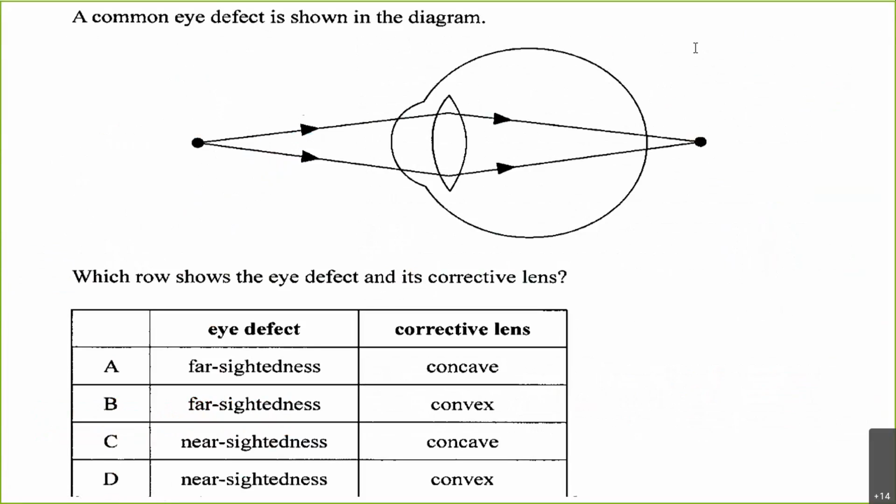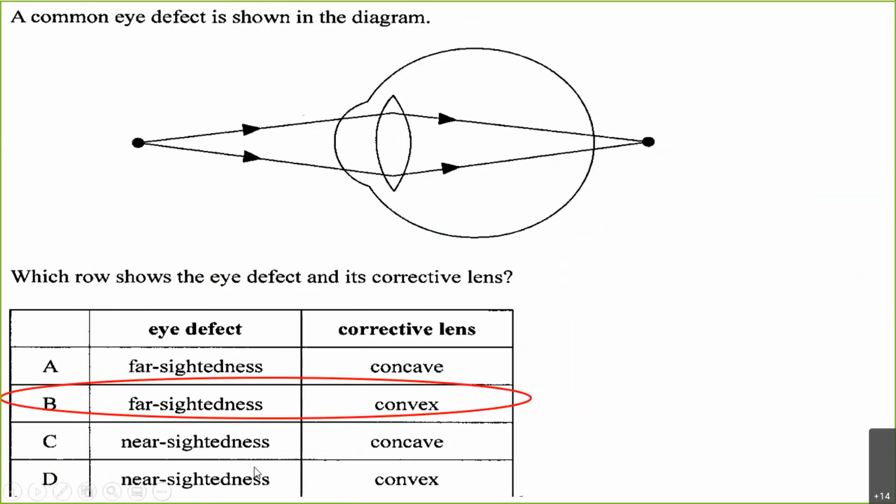Traditional question now. A common eye defect is shown in the diagram. Which row shows the eye defect and its corrective lens? B, I think. All right, let's see if you're right.